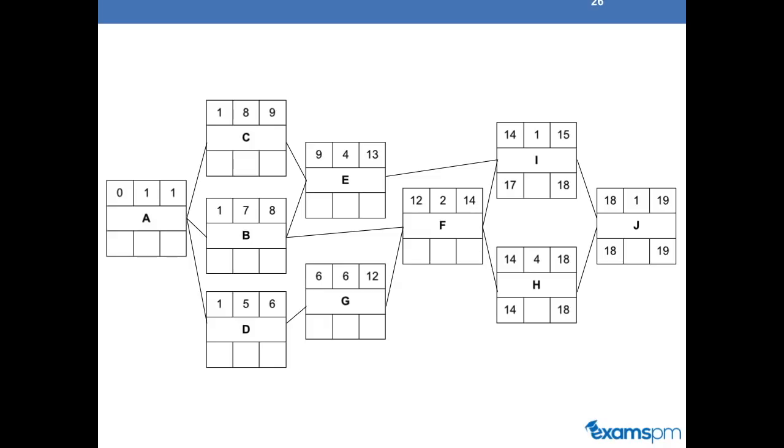So even though activity I can be started at week 14, even if it is started at week 17 and it took you a week to do it and it's completed by week 18, you can still complete the entire project by week 19. So as you can already see, we have some float going around in our project.